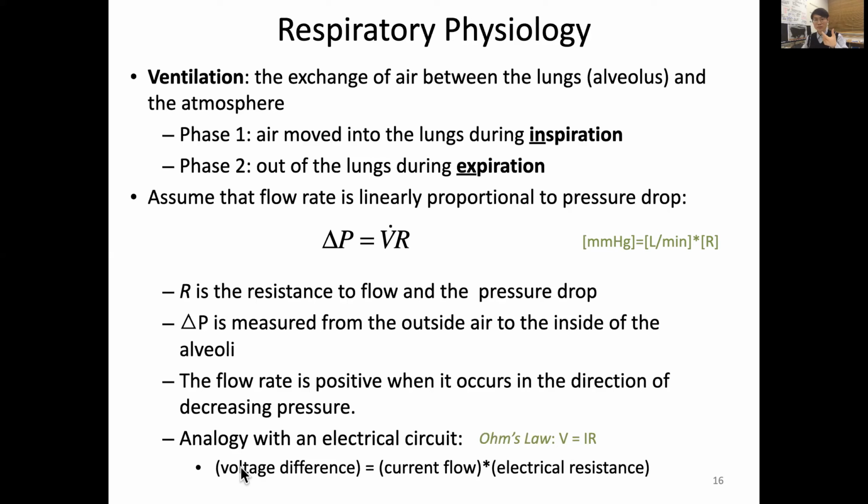So the voltage difference is the driving force, and that drives the current to flow, and that's proportional to electrical resistance, such as in this circuit. So here you can see the current is proportional to the driving force, which is voltage difference, but inversely proportional to the resistance. So the lower the resistance is, the more flow with the same potential or voltage difference.